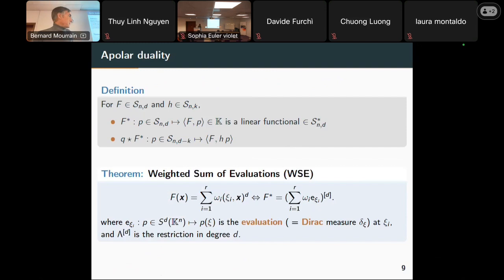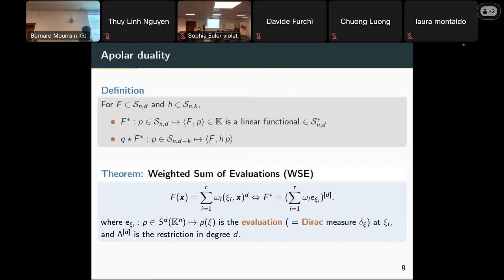Another property is that it allows us to define a natural duality on the polynomials. So duality is where you are given some vector space, and you look at the vector space of linear forms on it, the classical duality.